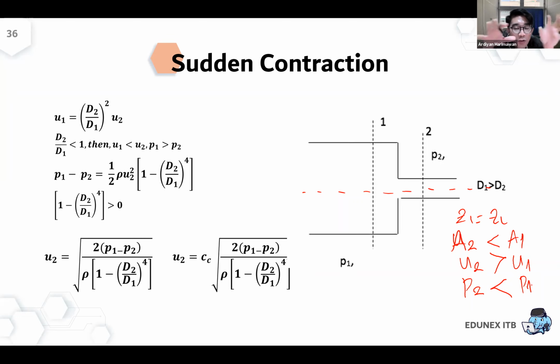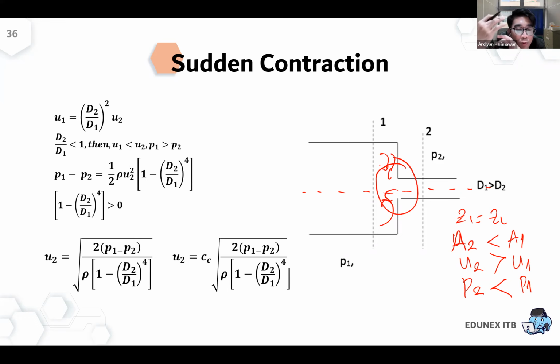If the diameter ratio is the same, the amount of energy that can be transferred from point 1 to point 2 is exactly the same, because there is no energy loss. But in real conditions, the sudden one will give more energy loss, more friction loss due to the change of the flow pattern. It will have turbulence around the contraction area.